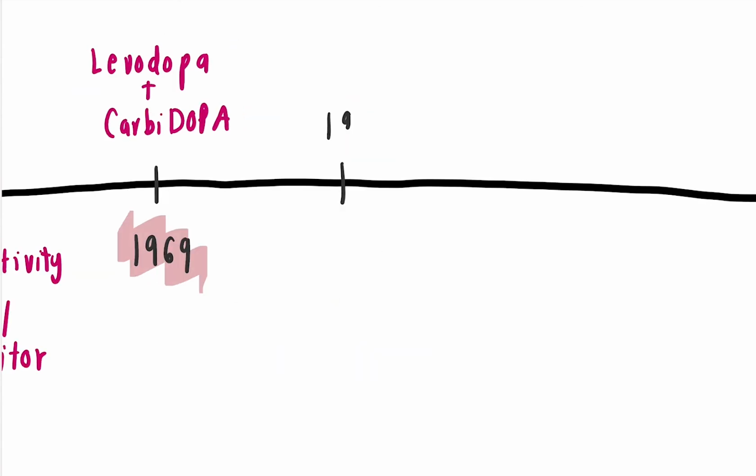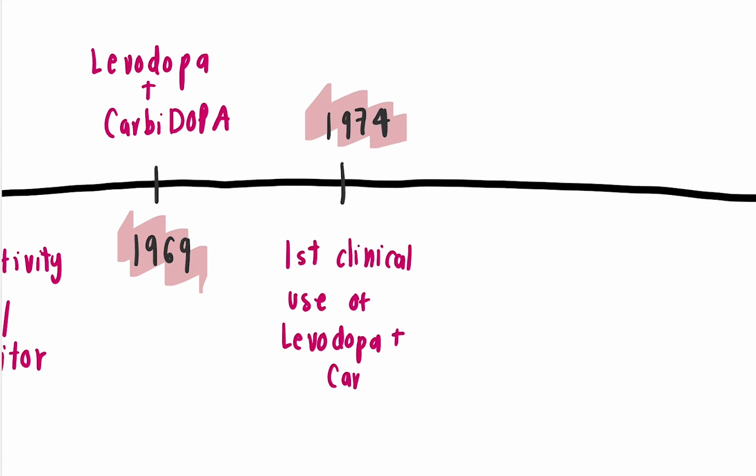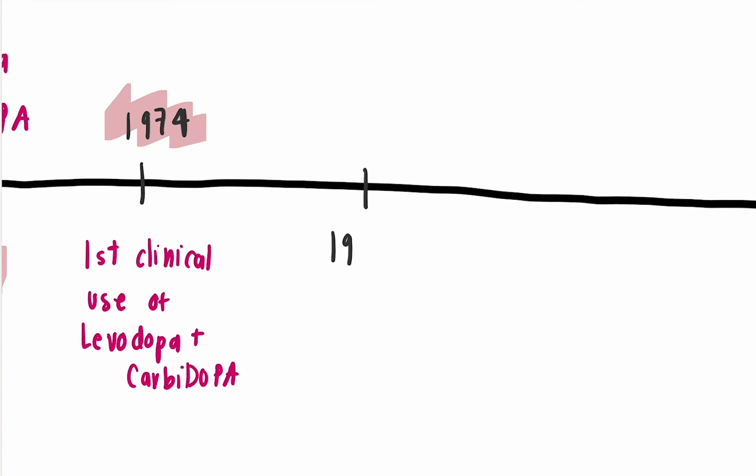In 1974 was the first clinical use of the combination of carbidopa and levodopa, and in 1975, Sinemet, the drug for the combination of carbidopa and levodopa, was commercialized, as well as Madopar, which is a different DDC inhibitor combined with levodopa.